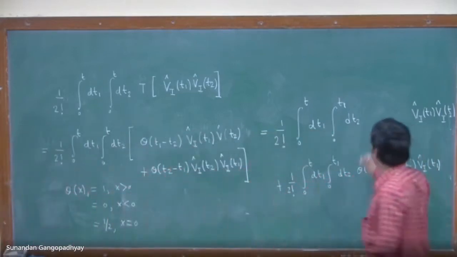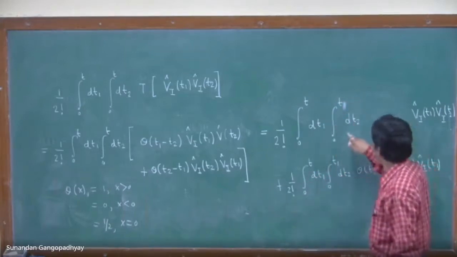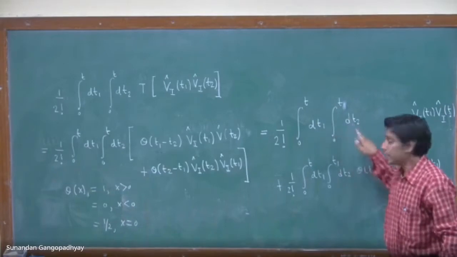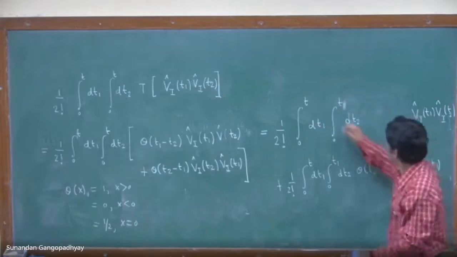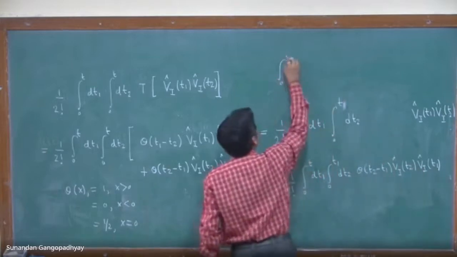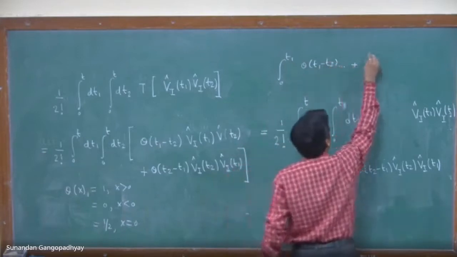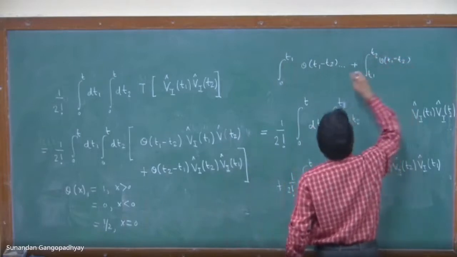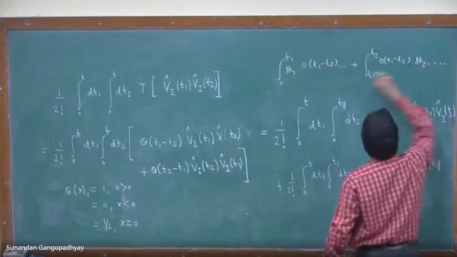So previously it was from 0 to t and you had a theta function. But this expression you can write from 0 to t1 plus t1 to t2. Right? I am talking about this integral. You can write this integral as integral 0 to t1, then you have a theta function, and then again from t1 to t2, and once again a theta function, and this integral is dt2 over dt2, and you have all this operator stuff here.